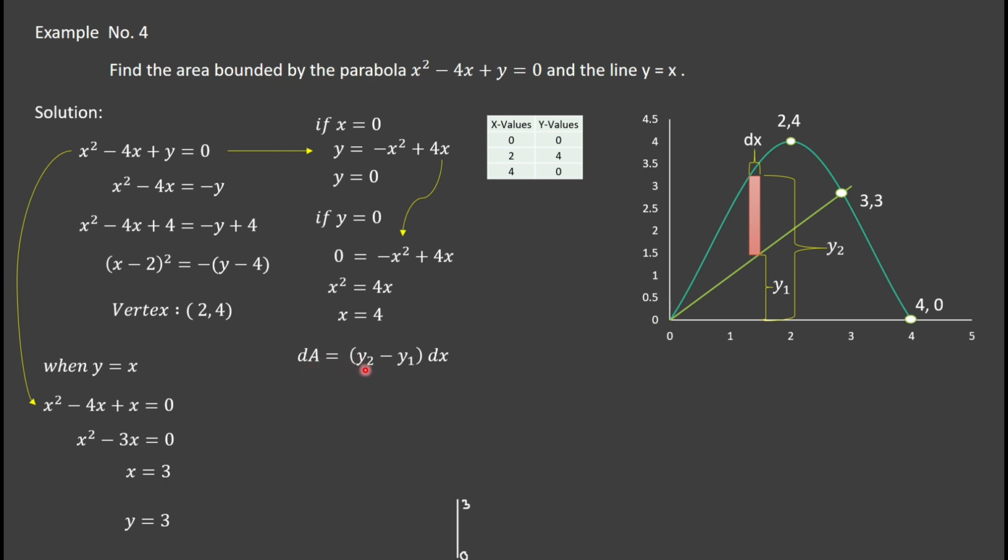Then dA is equal to the quantity y sub 2 minus y sub 1 times dx. Integrate: the integral of dA is equal to the integral of the quantity negative x squared plus 4x minus the quantity x, dx. Take note, the limits are from 0 to 3, because that is the area we need to find. That's why our lower limit is 0 and our upper limit is 3.